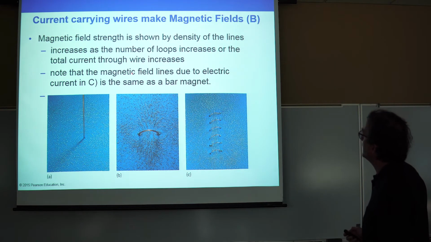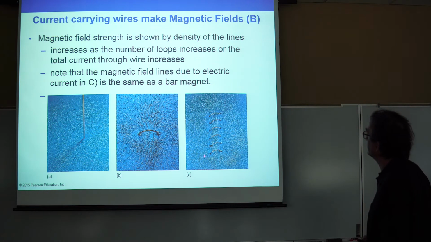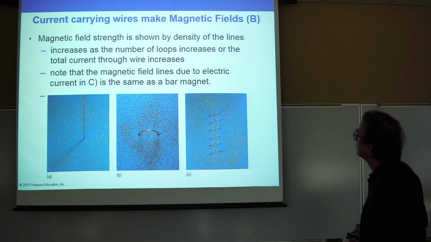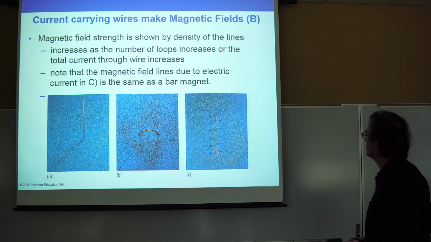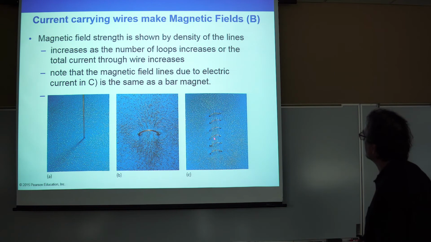Another way to make a stronger magnetic field, or a magnetic field that looks very much like a bar magnet, and here you'll see the similarity with the Earth's magnetic field shape, is this: imagine that instead of one loop of current, such as I have in the middle figure here, with the field lines making circles around the wire, I now have six loops of current that are all tied together, passing the same current through all of them.